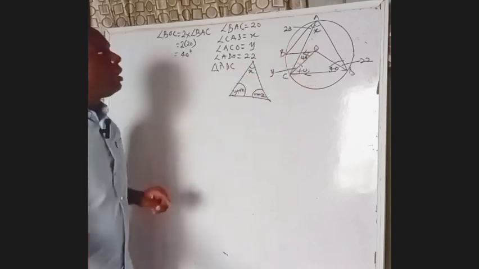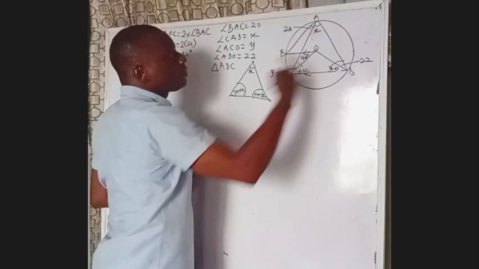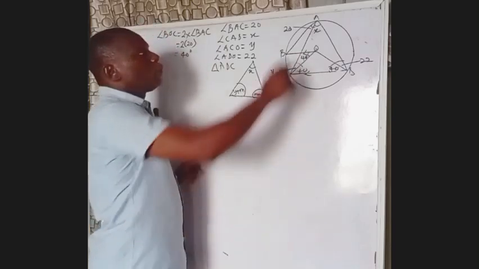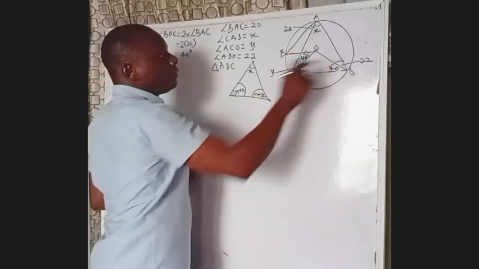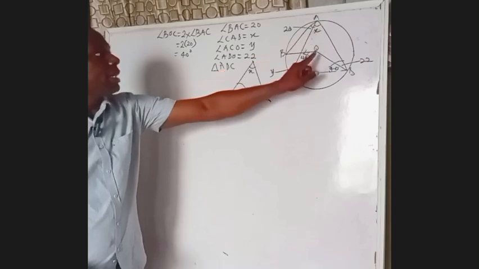Before then, if you look at angle X, which is angle CAD, 2 times angle CAD is equal to angle COD, because the center of this angle is here.